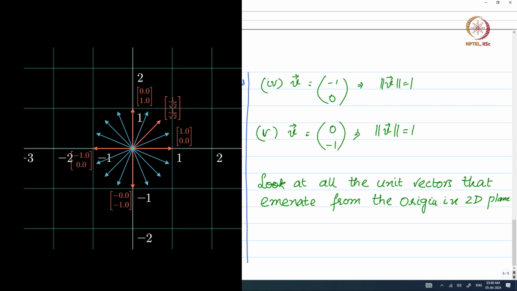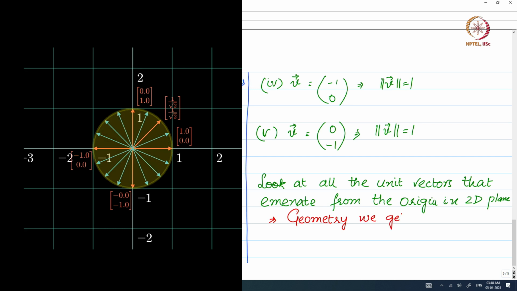So, what are we going to get? What is the geometry that is formed? The geometry we get is the unit circle.